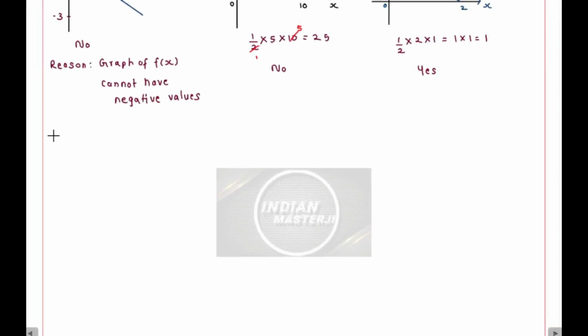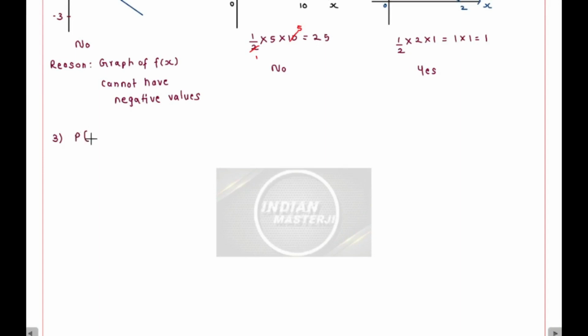Now a few more points. Because we are talking about a continuous random variable, and we know that it's very difficult to get a precise value for this random variable x.